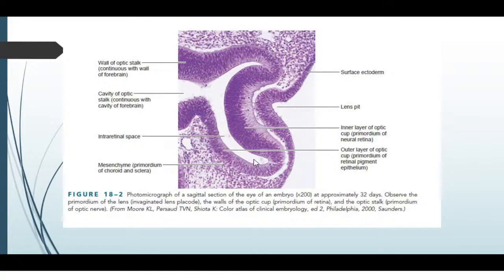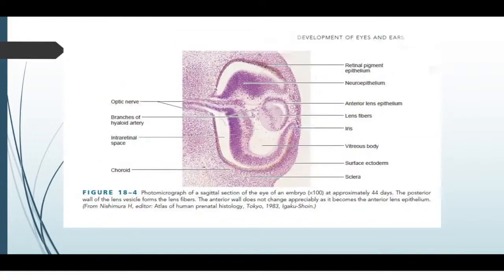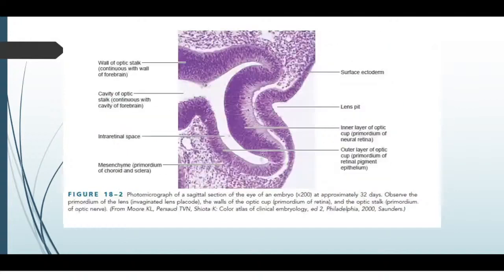Inverted, so opposite from the structure of this. And that's the elements of the inner layer of the optic cup, the nine layers of the retina. The nine layers of the retina are the inner layer of the optic cup. But the outer layer of the optic cup will give rise to the formation of the retinal pigmented epithelium.